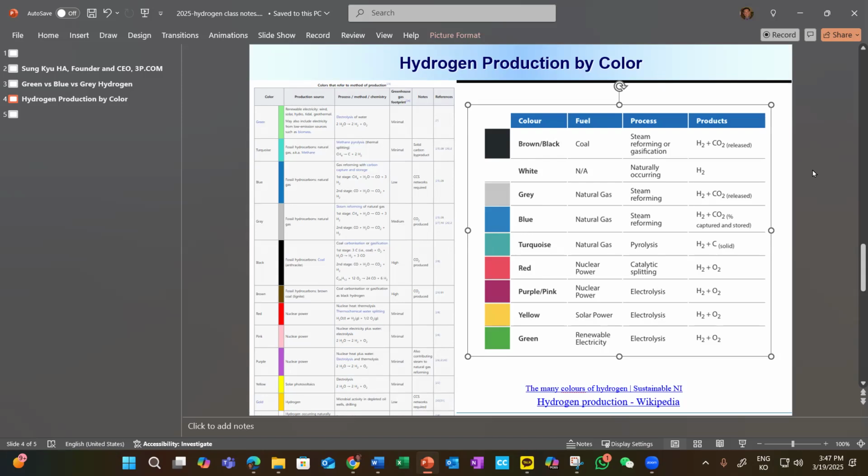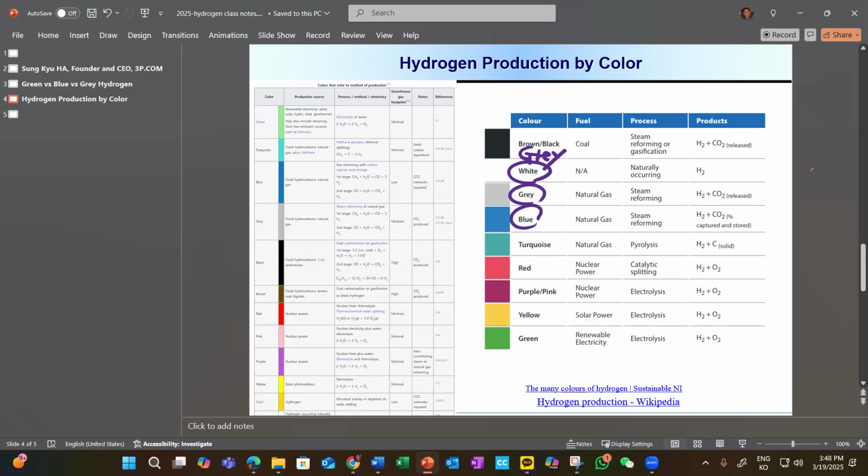As we just covered, we have brown and black, but in general we call this gray, and then white and gray and blue and turquoise special color, and red and purple or pink and yellow and green.